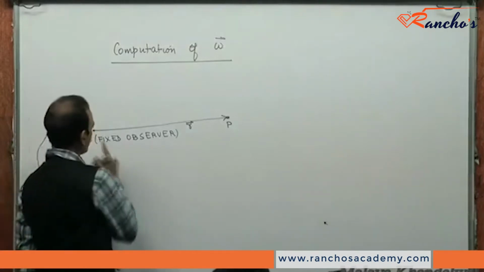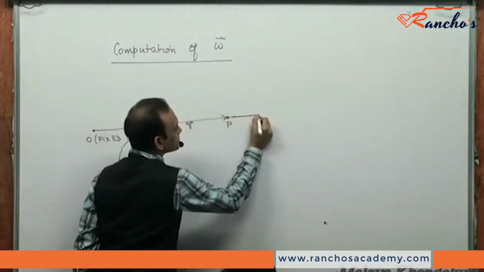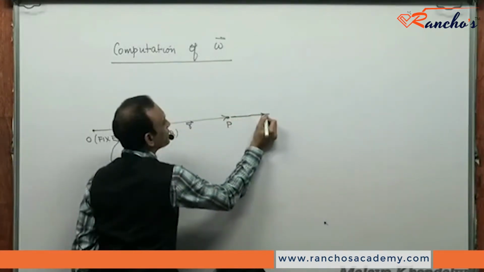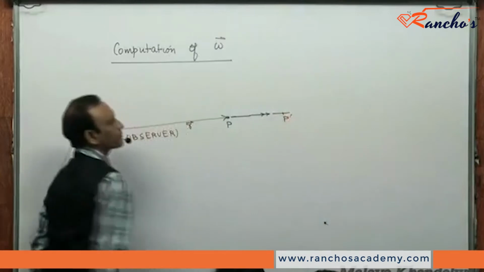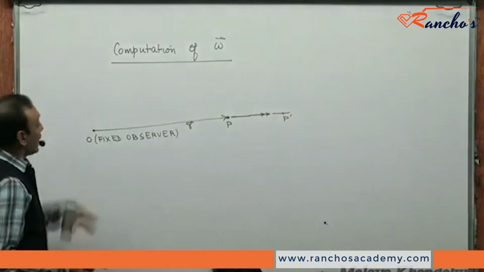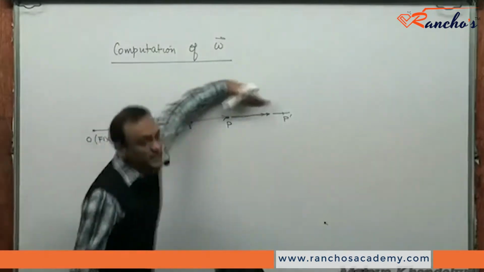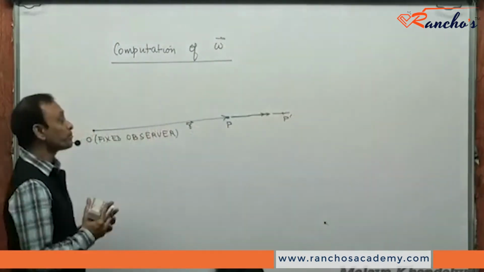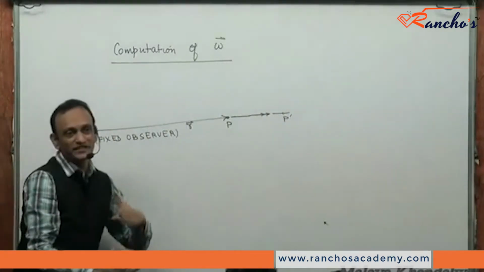Now, if the particle is moving in this direction, P to P prime, along the line joining the particle to the observer, then do you realize that the vector OP is not getting reoriented with time?